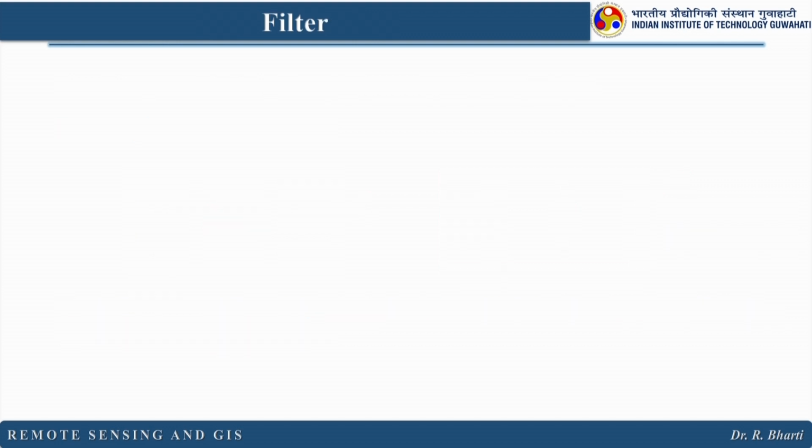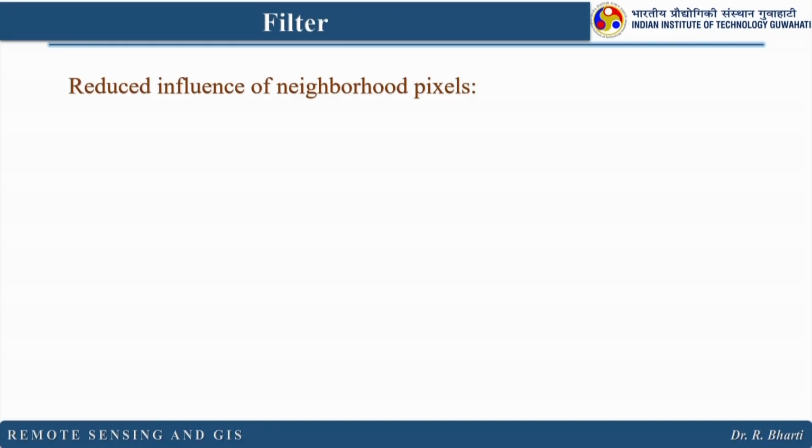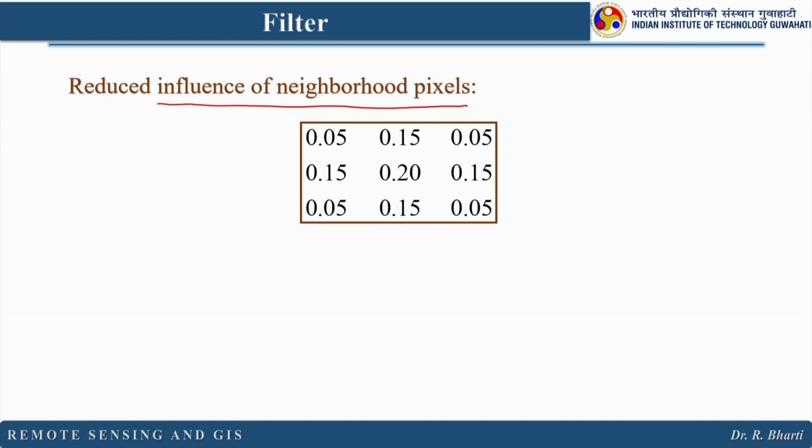In the previous case we have seen that we gave equal weightage or multiplying coefficient to all the neighboring pixels. But what happens when I want to change the weightage? Reduced influence of neighborhood pixels is very important, because we don't always go for the averaging. So let us see, this is your 0.05, 0.15.